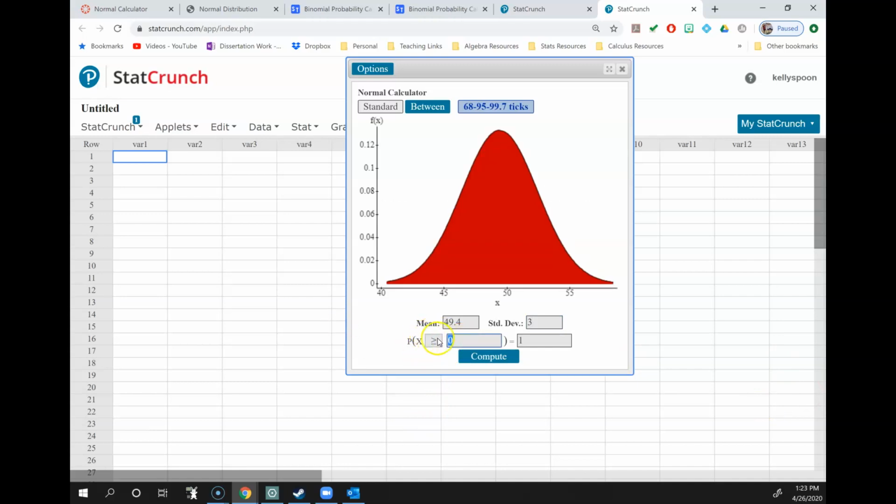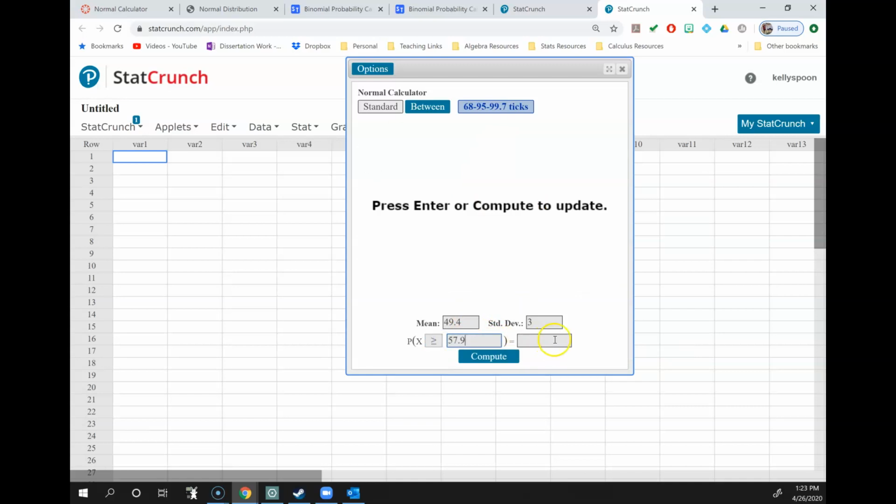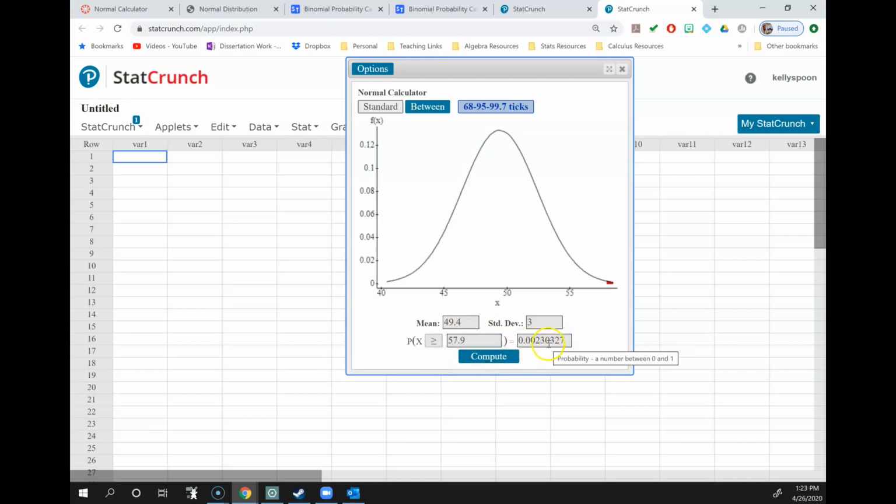You'll note here that it doesn't have a less than or a greater than because technically when we're dealing with continuous distributions, the probability of any one outcome is just 0. So we were looking at 57.9 and it just says 0.0023 and it gives us a drawing.